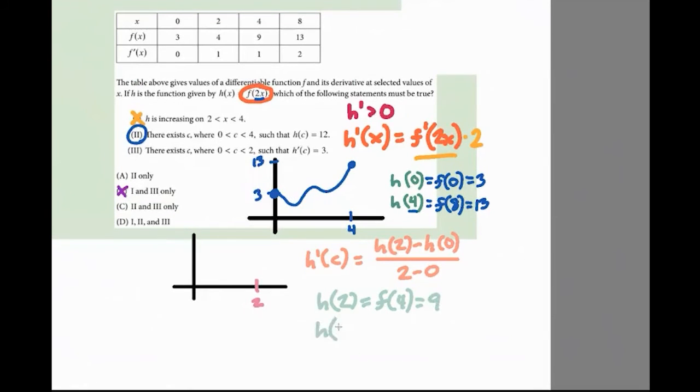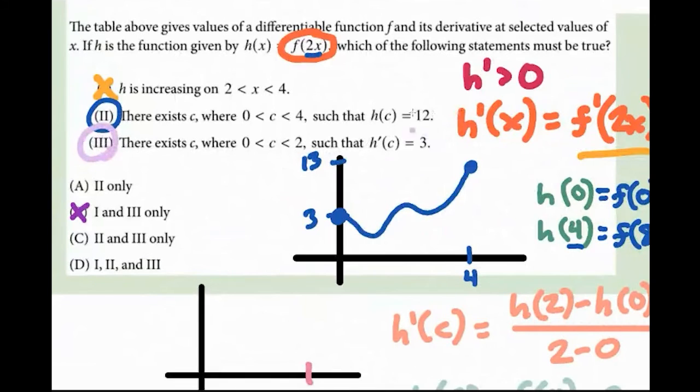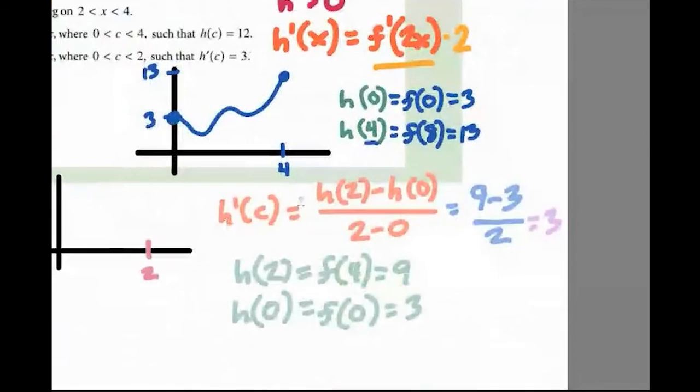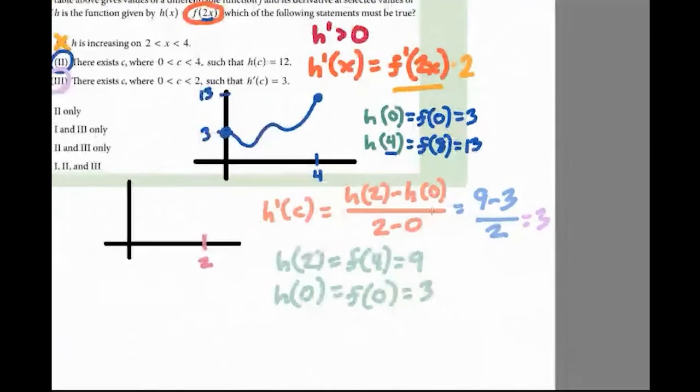Okay, h of 0 is equal to f of 0, which is equal to 3, because we found that before. So now we can use this formula right here. So we're going to do 9 minus 3 over 2. You get 3 out of this, which, okay, so this is true. So 3 actually does work because the mean value theorem does state that there is a point where that's equal to 3.